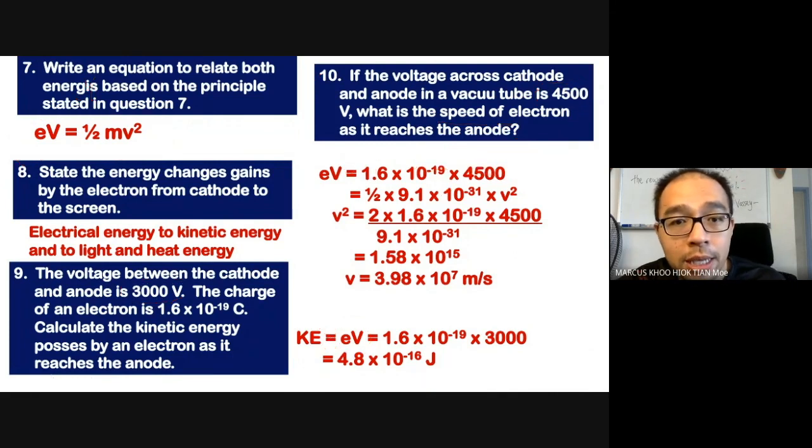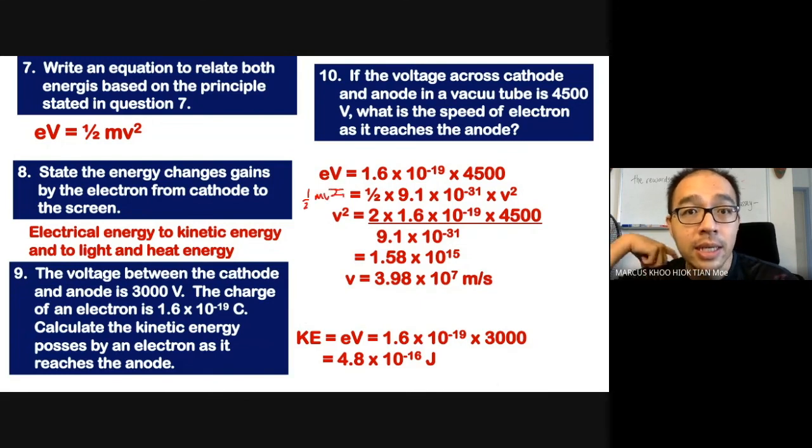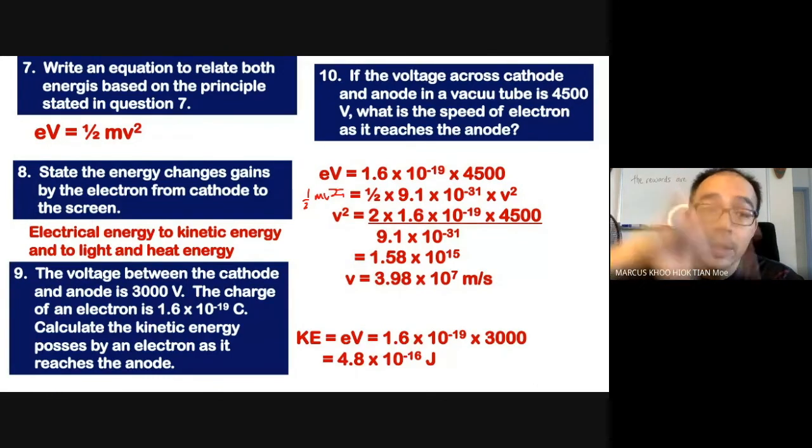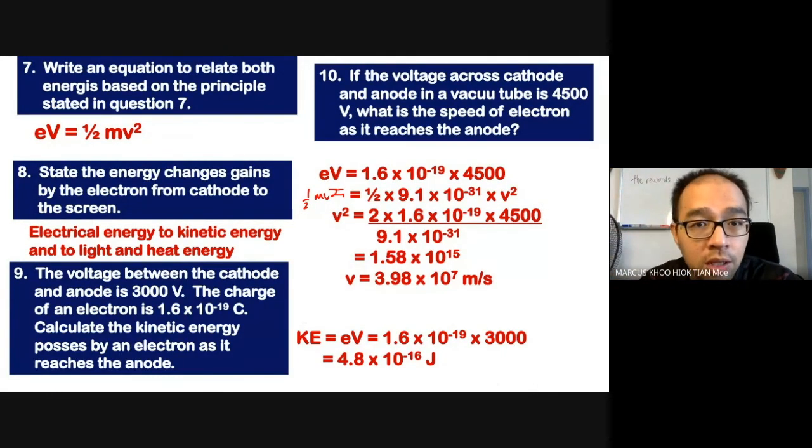So this is EV, 1.6 times 10 negative 19 times 4,500 volts, and we equate it to half mv squared. And since in a vacuum tube all the electrical potential is converted to kinetic energy, we can calculate the v from this one, using the principle of conservation of energy.